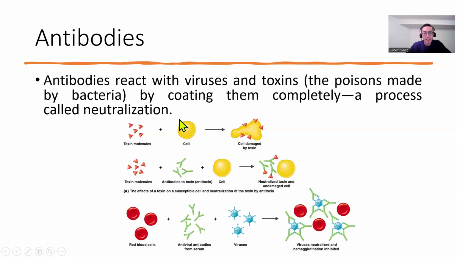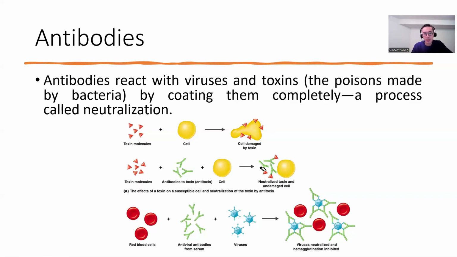So here in the picture, you can see there is a healthy cell, and then we have some bacterial toxins, which will basically kill or damage the cells. But if you have antibodies that recognize them, they would essentially bind to the toxins and render them neutral. Okay, it's not going to be harmful anymore.